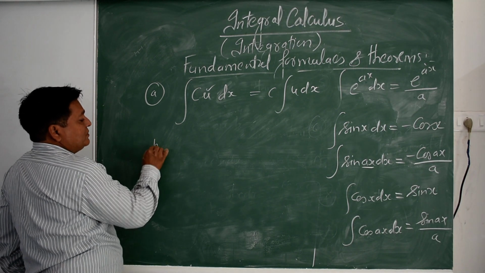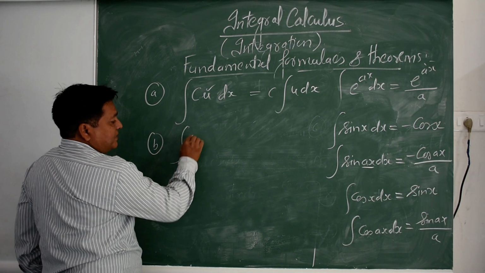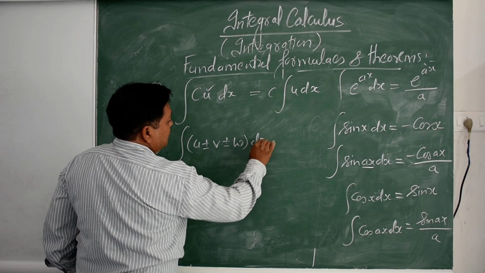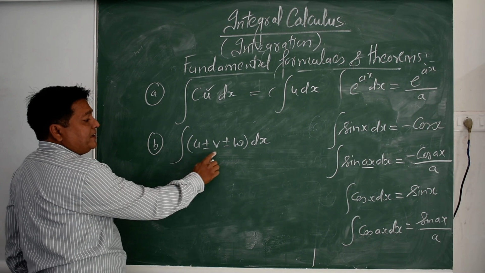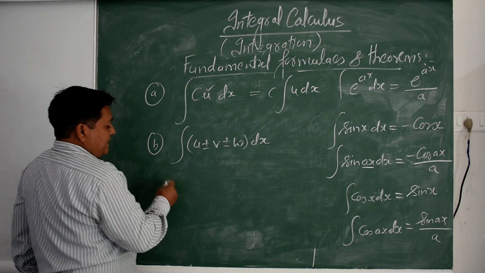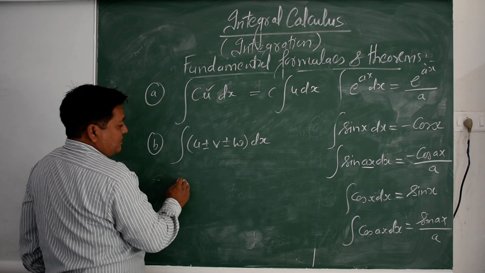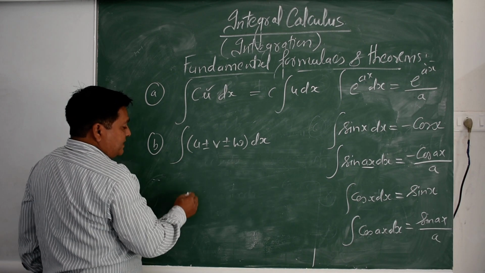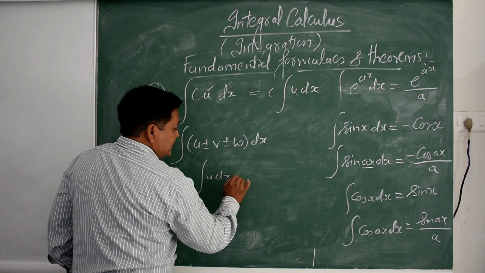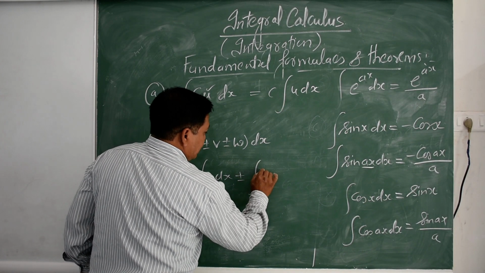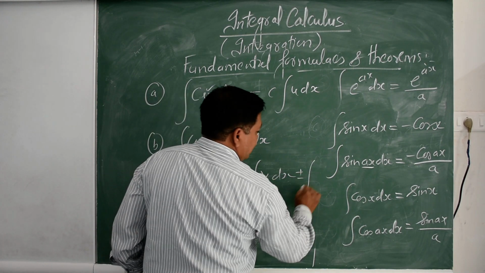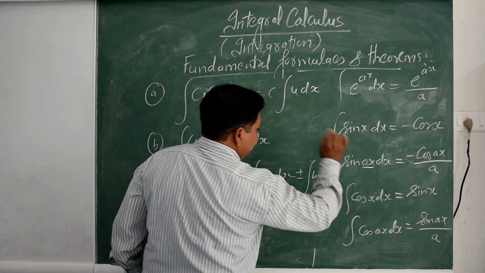If you are asked to integrate the term u plus or minus v plus or minus w with respect to x, where u, v, w are functions of x, then what do we write in that particular case? We separately integrate them: integration of u dx plus or minus integration of v dx plus or minus integration of w dx.